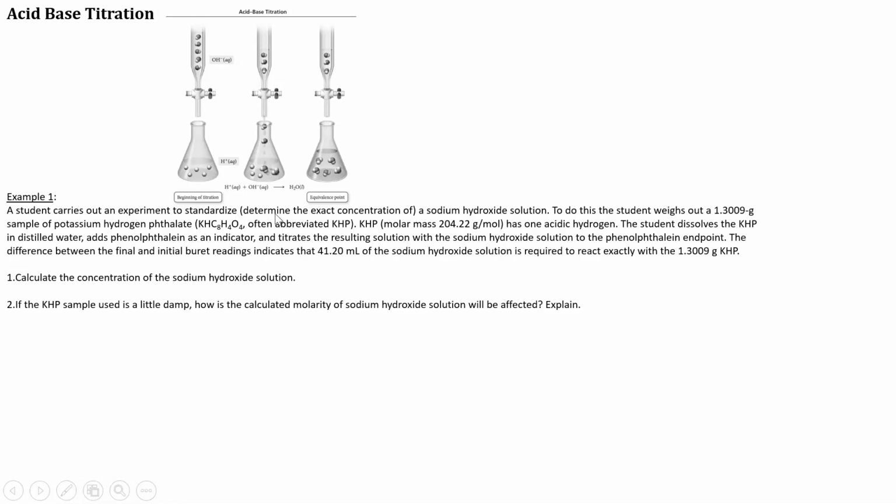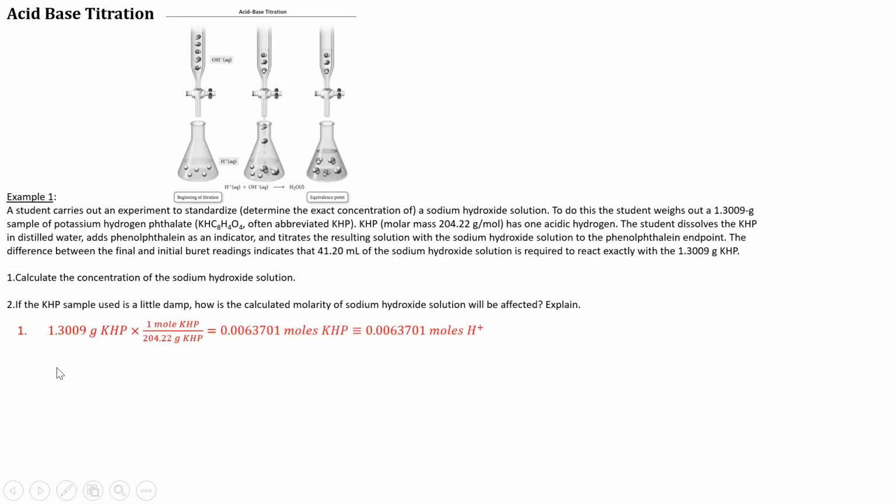So to start with, I need to find out how much KHP I have. I have this many grams. We can turn it into moles by dividing by the molar mass. And also, because it's got 1 acidic hydrogen, that means that the number of moles of KHP will be equal to the moles of H+.